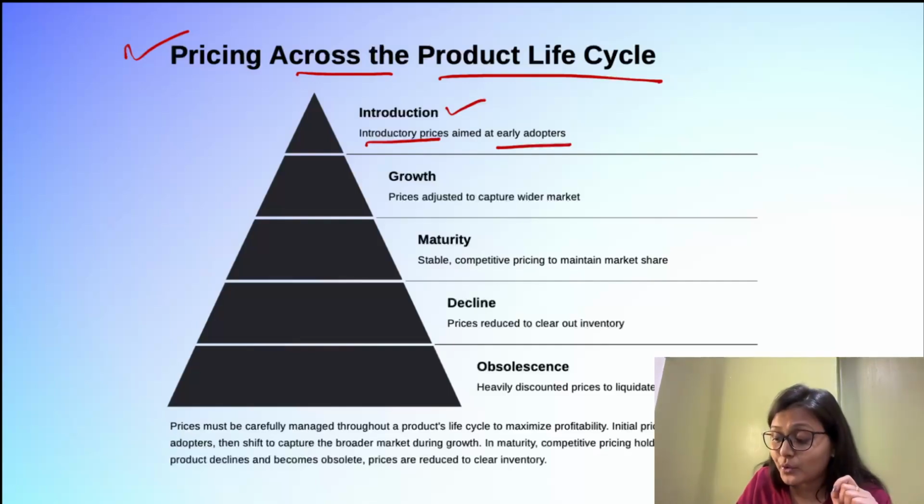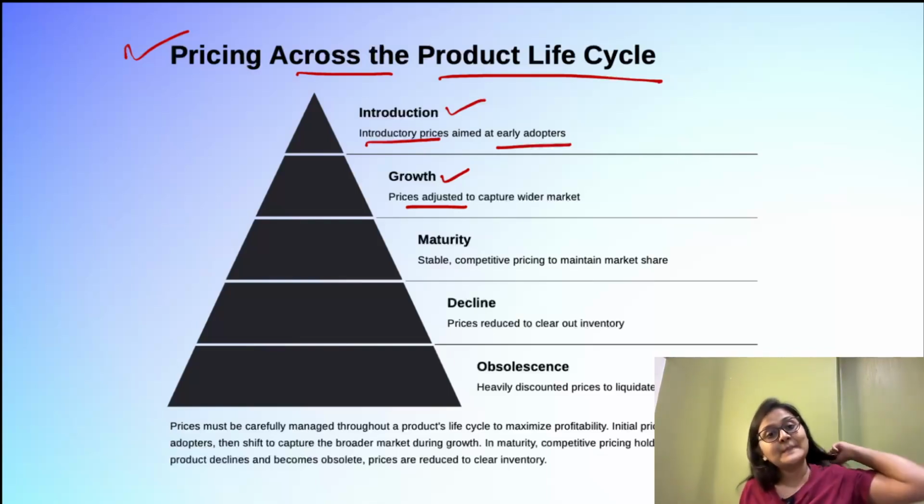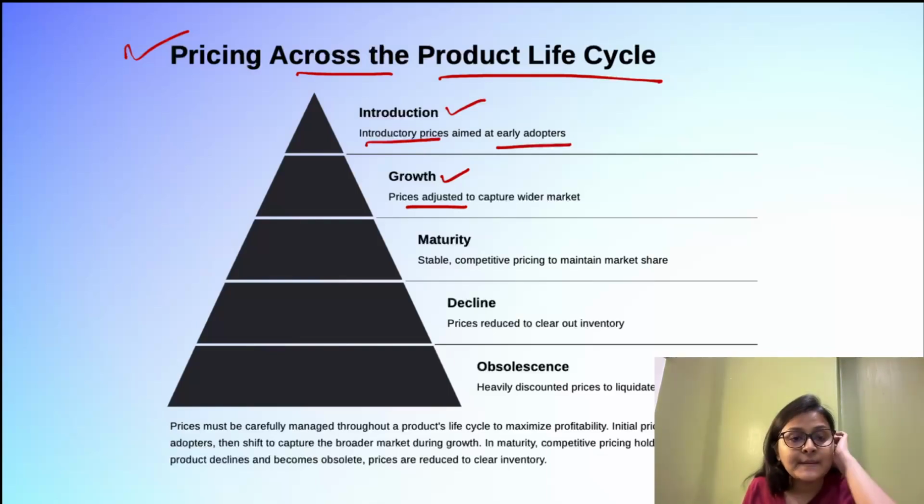Next we have the growth. At the growth phase, the prices are adjusted to capture the wider market. So whatever the prices going on in the market space, according to that the prices are going to be set up. Next we have the maturity stage. In the maturity stage, there is stable competitive pricing.